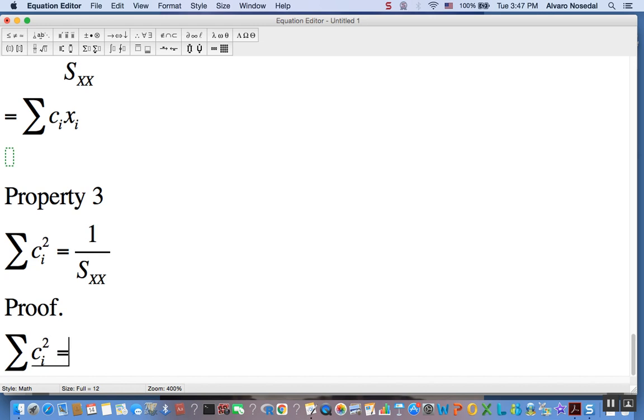So remember that the ci's are just xi minus x bar divided by sxx.